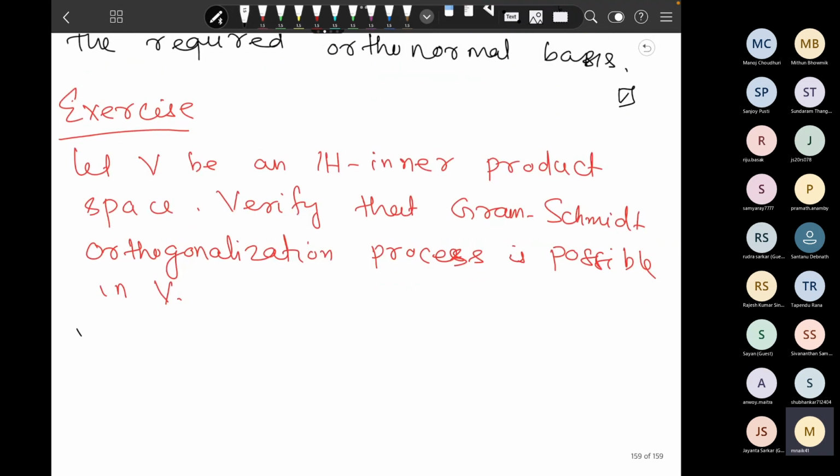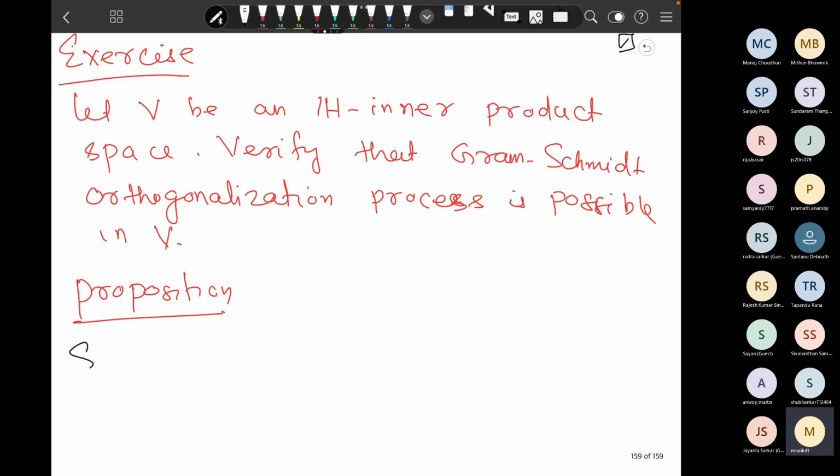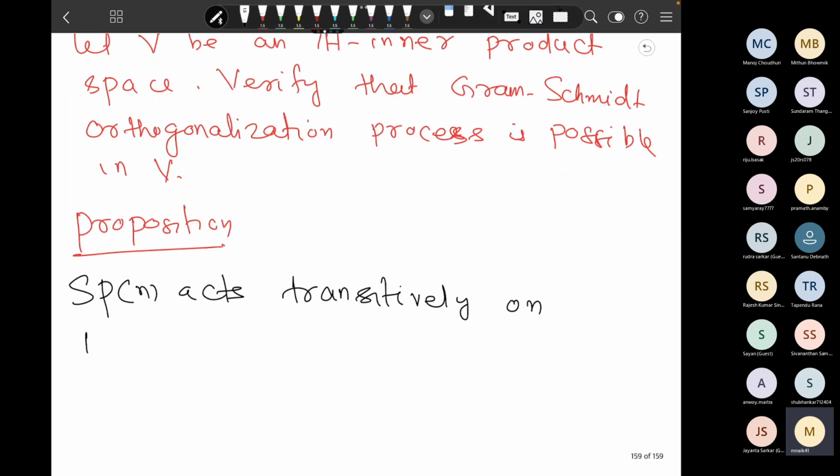Now the next proposition is that Sp(n) acts transitively on this set, the set of B belonging to H^n with norm of B equal to 1.